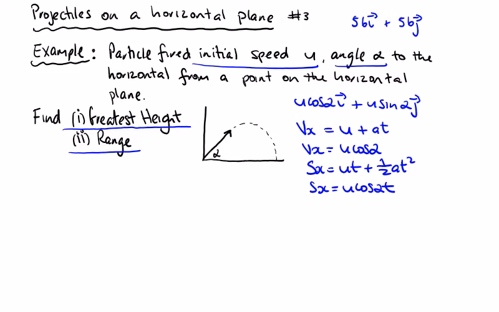So let's look at v of y. It's going to be u again plus at. A in these cases is equal to minus g. So minus 9.8.